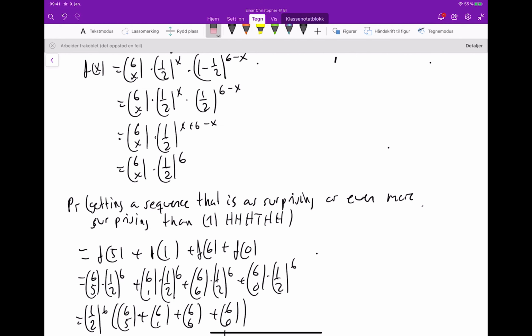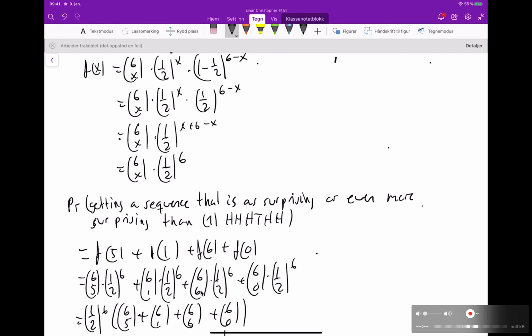And the probability of getting 5 heads is 6 over 5 times 1/2 to the power of 6, just using the formula f of x above. The probability of getting 1 head is 6 over 1 times 1/2 to the power of 6.